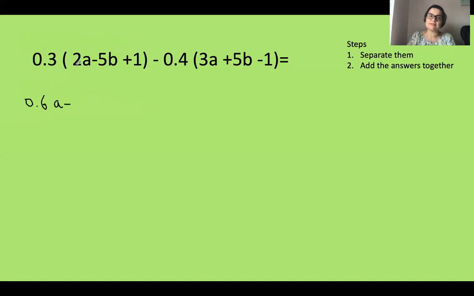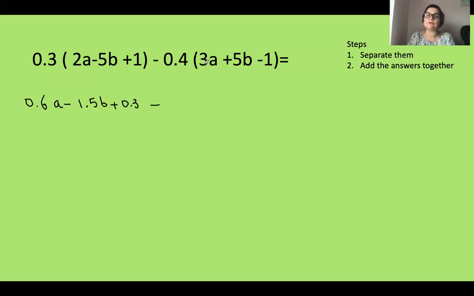Now 0.3 times -5 becomes -1.5b. And then 0.3 times 1 becomes 0.3. So just leave this as it is, 0.3.